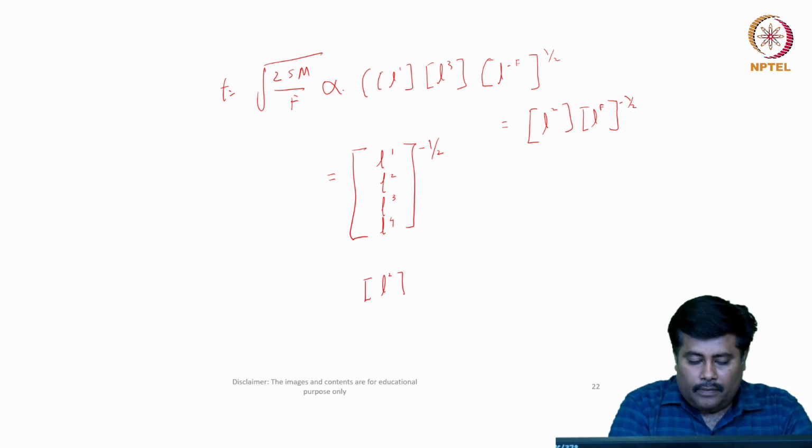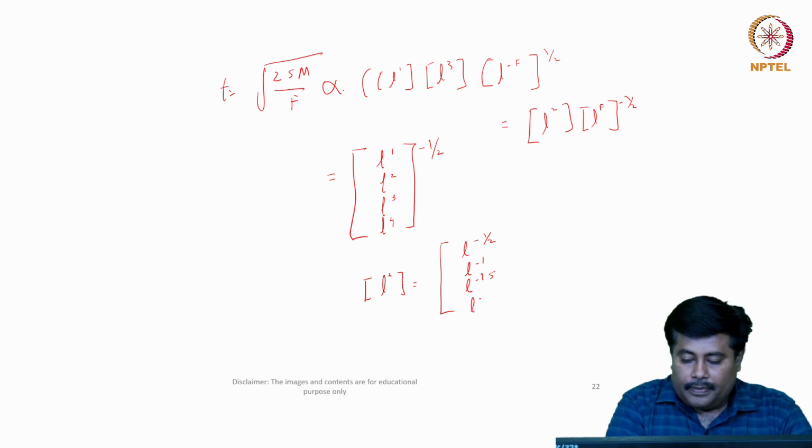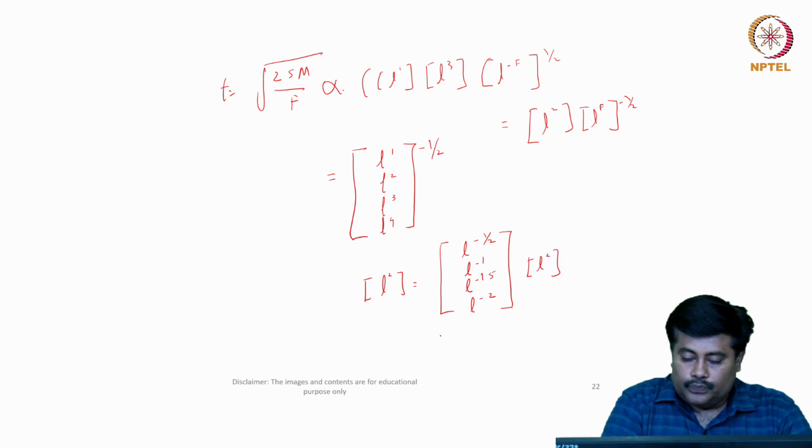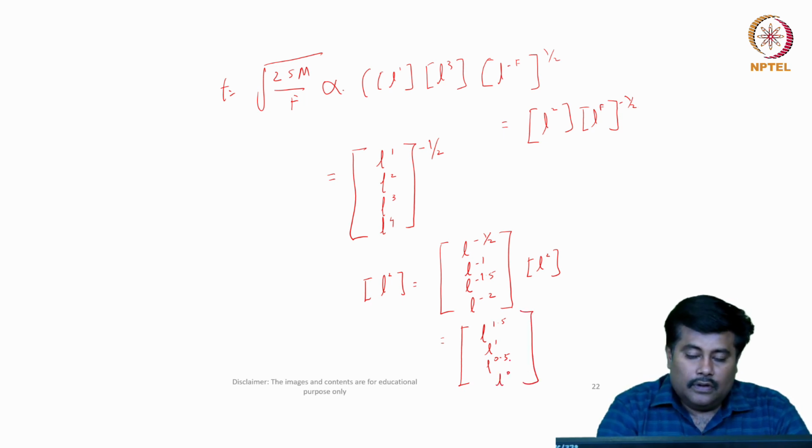So, L power 2 times L power minus 1 by 2, L power minus 1, L power minus 1.5, L power minus 2, whole power 2, which can be written as L power 1.5, L power 1, L 0.5 and L0.